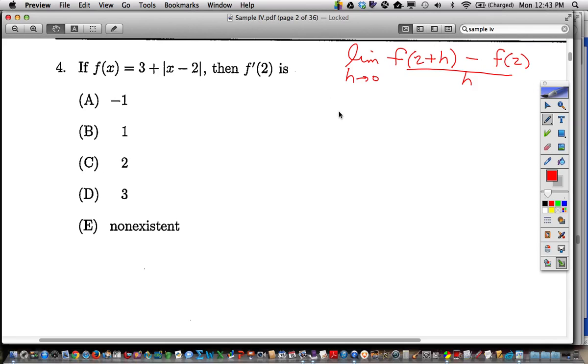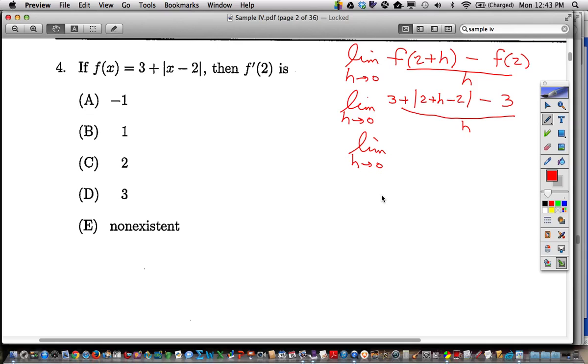And then what would we do for the next step? We plug in a 2 plus h in for x. We have 3 plus 2 plus h minus 2, minus f of 2, all over h.